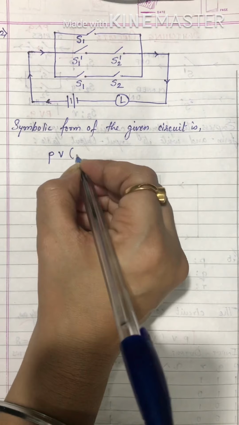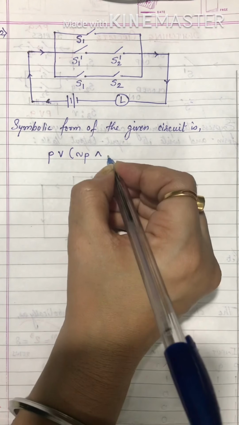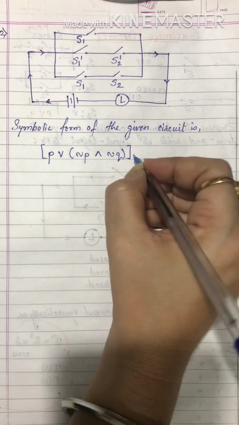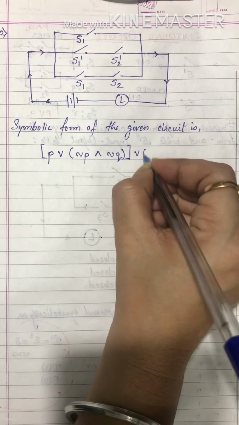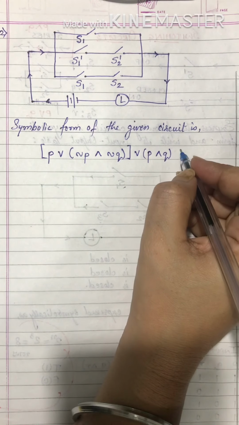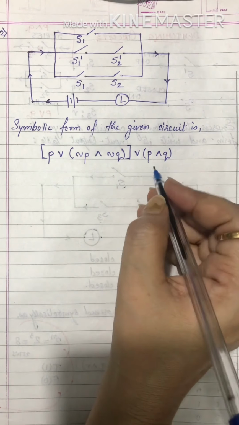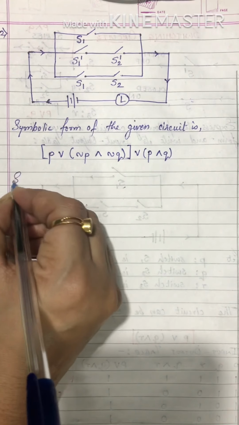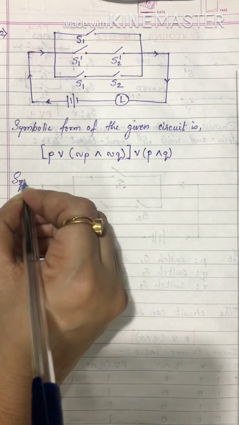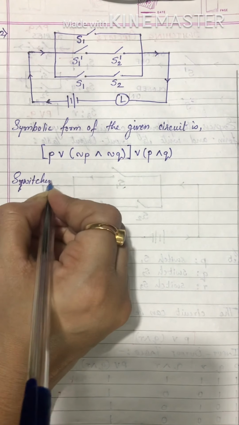P or negation P and negation Q, this is in parallel with P and Q. So this is our symbolic form of the circuit. Next we need to make the switching table.